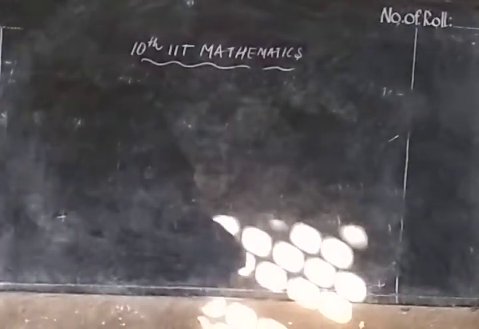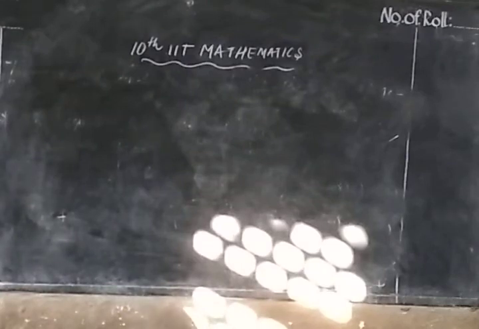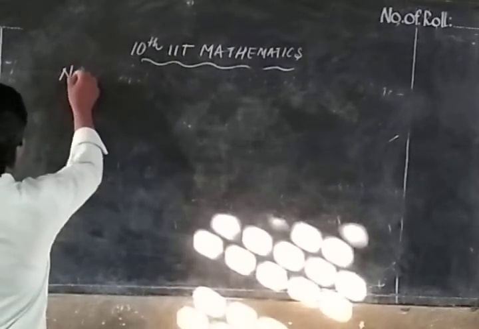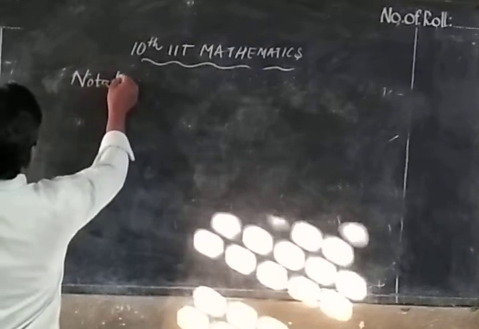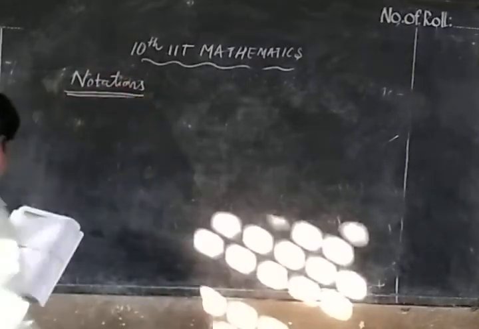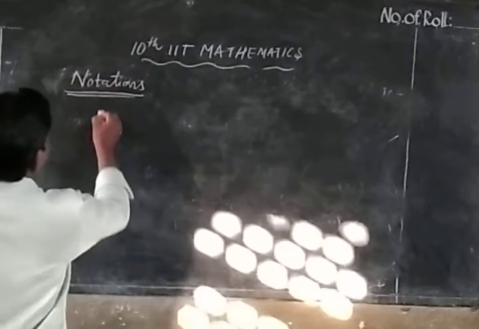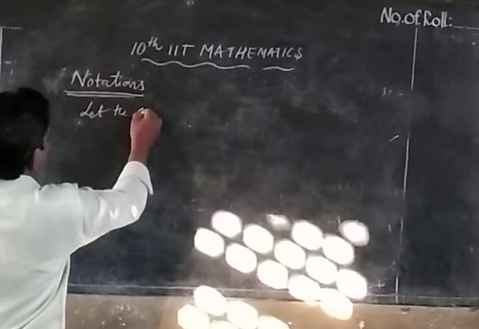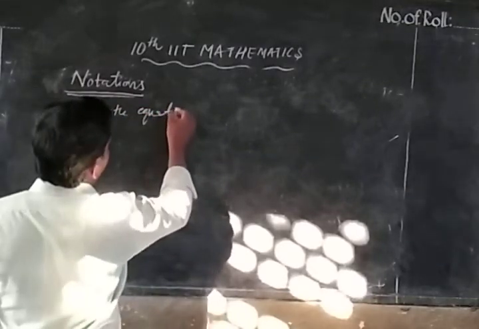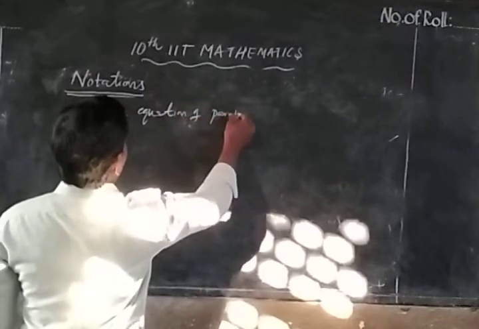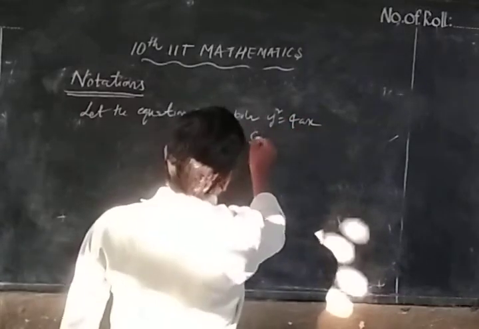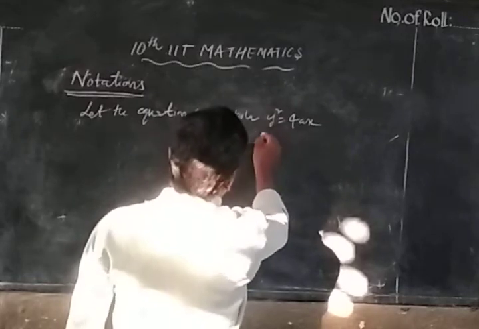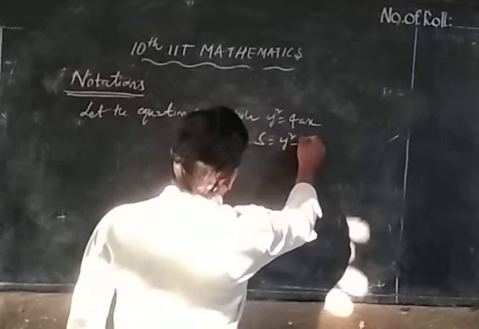Now, notations. Okay, let the equation of the parabola be y² = 4ax, then S = y² - 4ax.